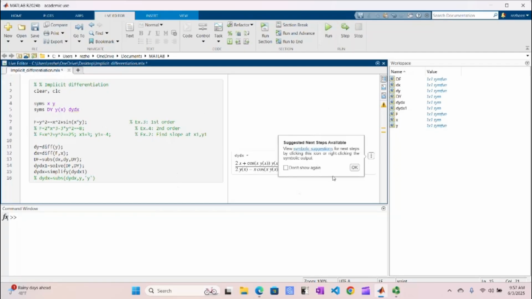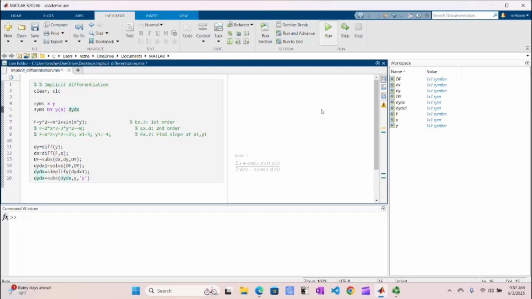If you notice, this is a different answer because y depends on x, and this is a little bit uglier. That's why I did a last step here to show you exactly what the book gets. See, if I run it here, I don't have that y of x in there anymore. So it's y, not y of x.